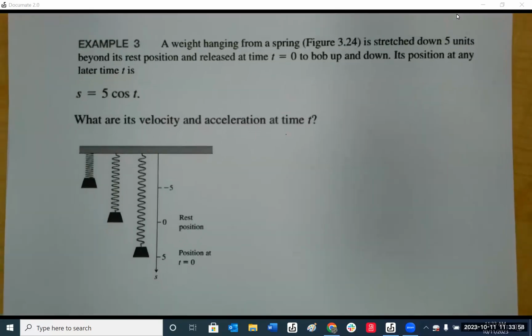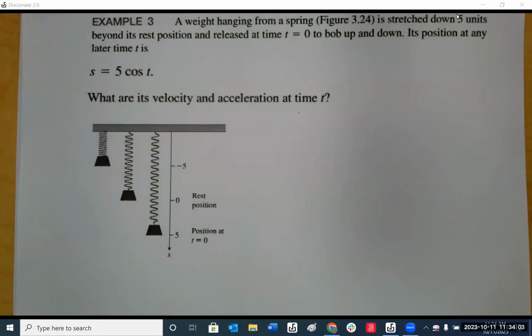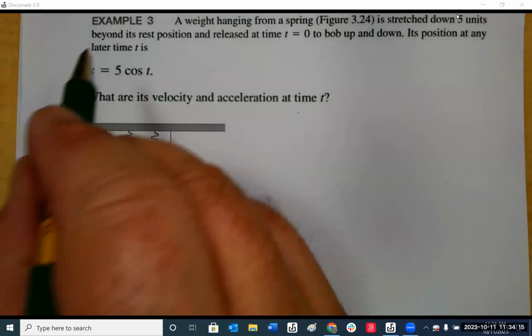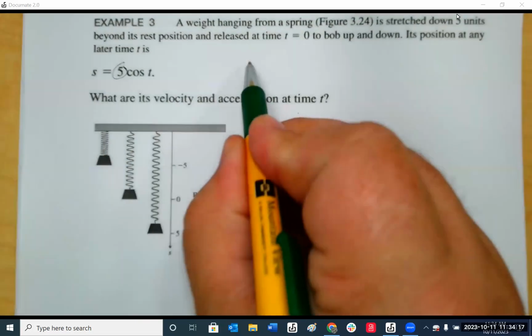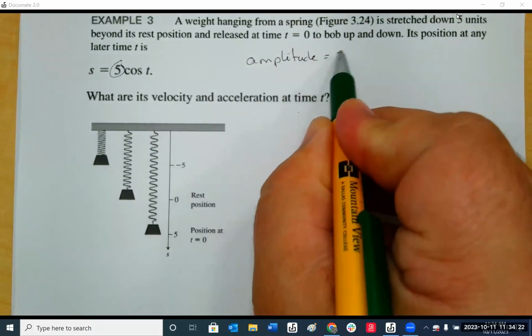So, how do we connect these? What's the amplitude of this spring? The amplitude is 5.